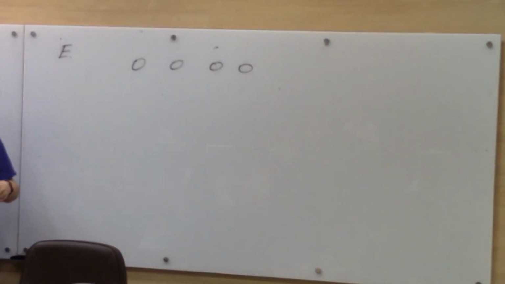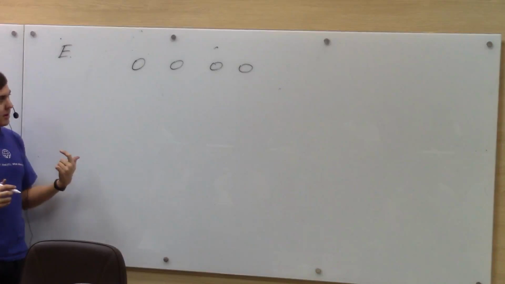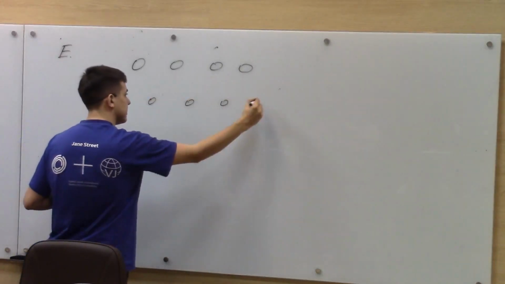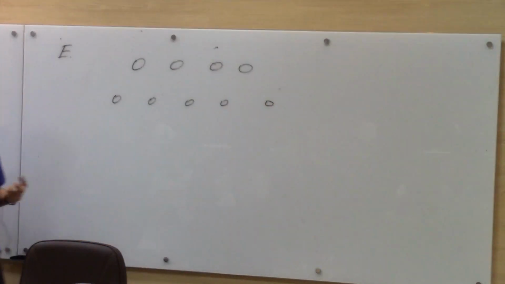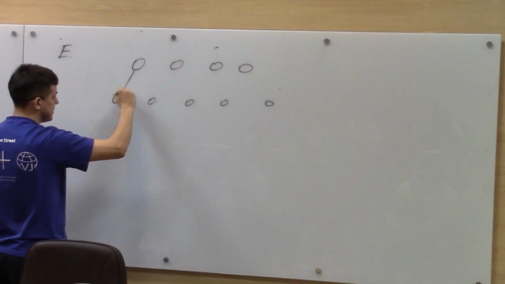Each job will give us some amount of money if we complete it. And to complete the job, we need some number of tickets. So there are jobs and tickets. And some job requires some number of tickets.